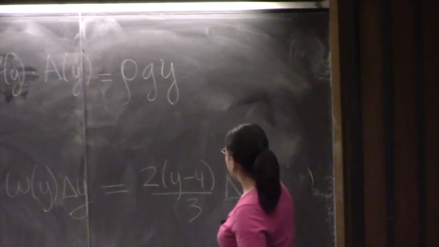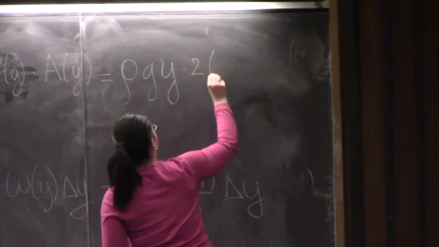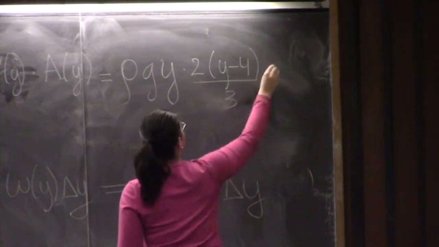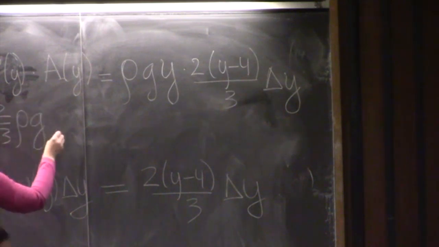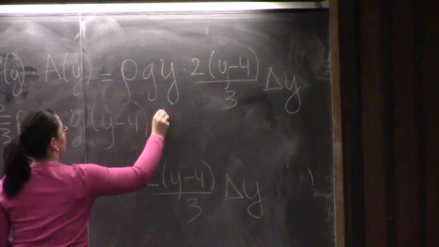And for the area, we just plug in whatever we got. So it's 2 times (y minus 4) over 3 delta y. So just 2 over 3 rho g times (y minus 4) delta y.